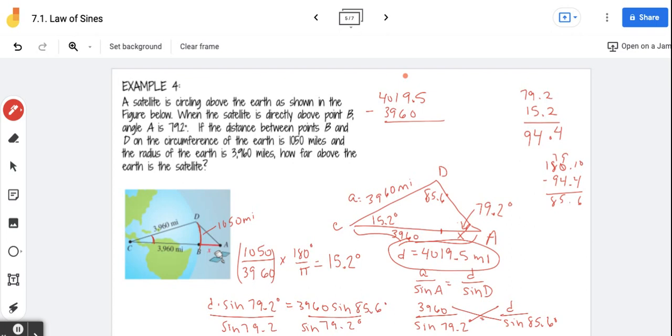Let me just calculate that real quick. 4,019.5 minus 3,960 is 59.5 miles. That is how far the satellite is from the surface of Earth. 4,019.5 is the distance from the satellite to the center of Earth.